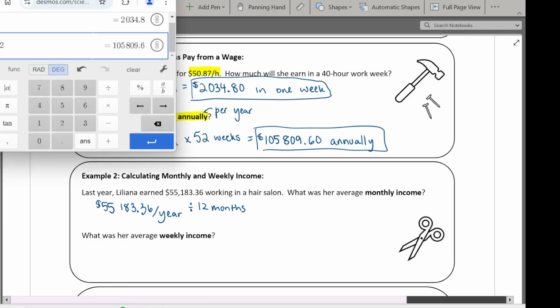So let's go ahead and do that. $55,183.36 divided by 12. And here is where we have to do our first rounding. Again, it's money, so we want to have 2 numbers after the decimal place. We want to round to the nearest hundredth. So it's $4,598.61.